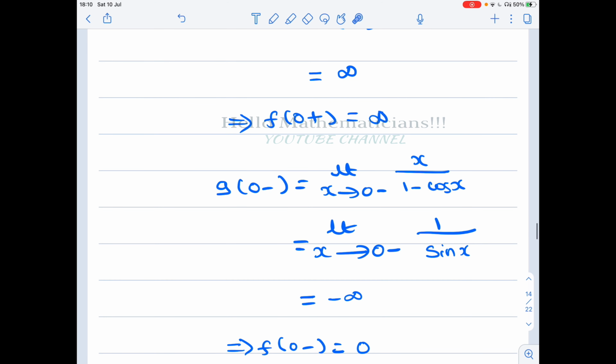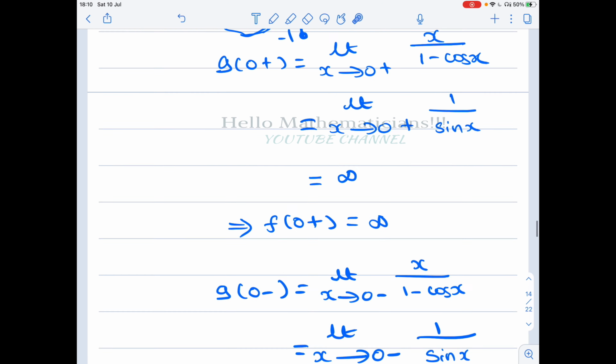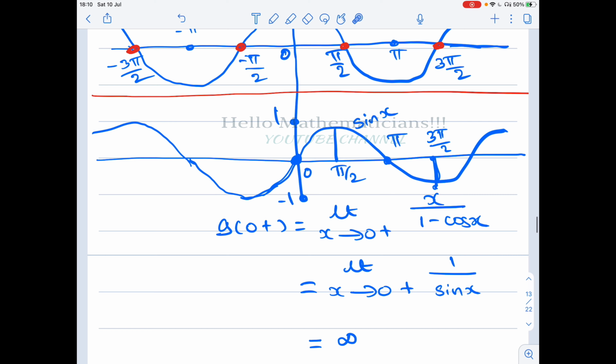Similarly, we calculate g at 0 minus. So basically you are approaching x from the left side, 0 from the left side, and calculating limit x by 1 minus cos x. Again this is 0 by 0. So now again 1 by sin x. Now you are approaching 0 from the left side in the sine curve. Now these are all negative numbers, because the value is negative.